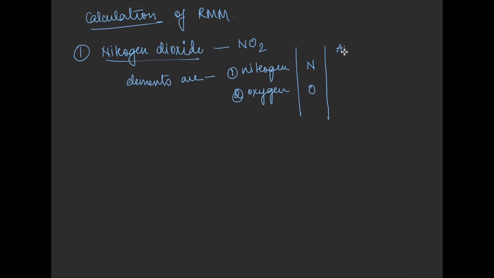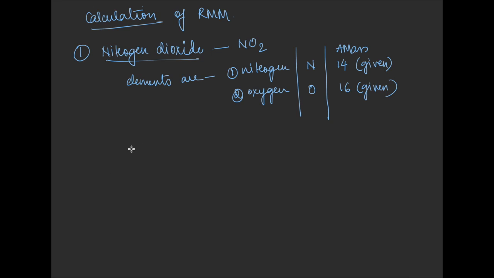The atomic mass of nitrogen is given as 14 and the atomic mass of oxygen is given as 16. So given the atomic masses of nitrogen and oxygen, calculate the molecular mass of nitrogen dioxide. To do that, you need to add the total atoms of nitrogen and their masses and total atoms of oxygen and their masses.